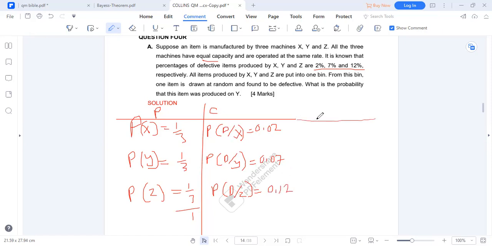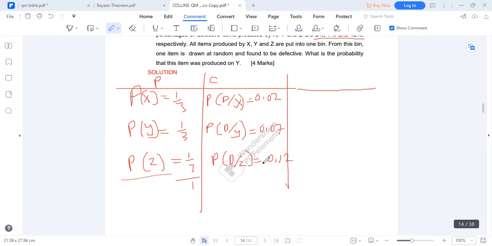What's the next column that we're having? The joint probability. So when I multiply this one in that one, what am I going to get? D intersection X. How about this one? D intersection Y. How about this one?